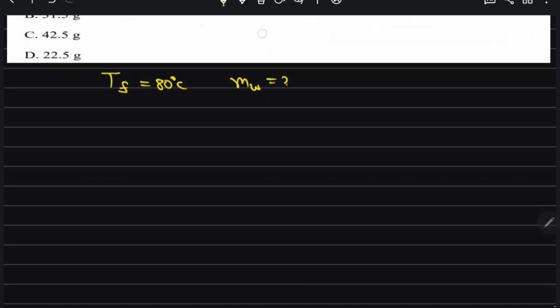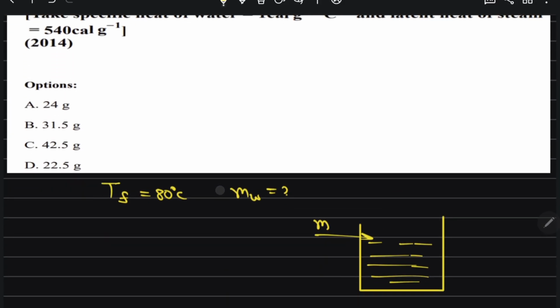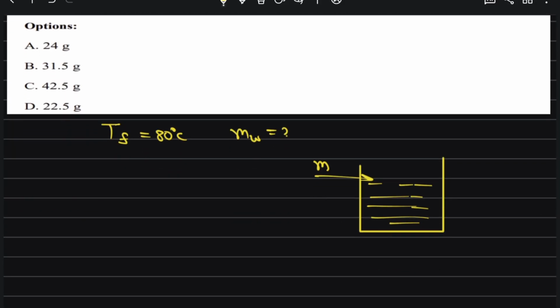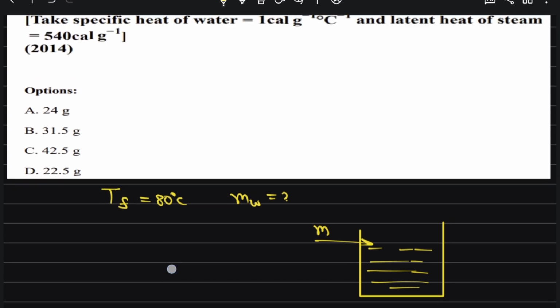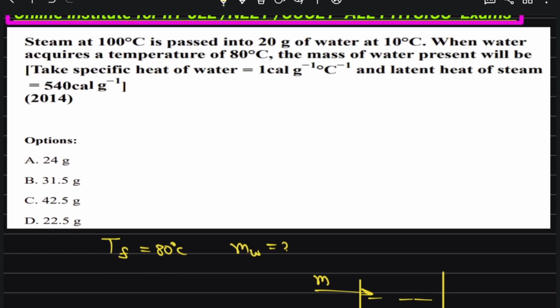It is like this. This is a calorimeter in which we are passing steam. We don't know the mass of the steam, we have to find it. We have to find how much steam is converted into water and how much water is present.